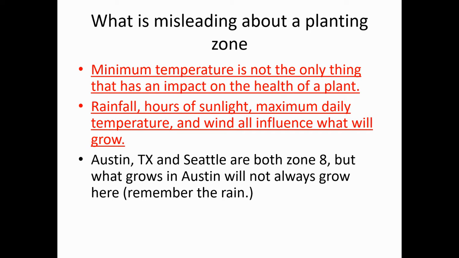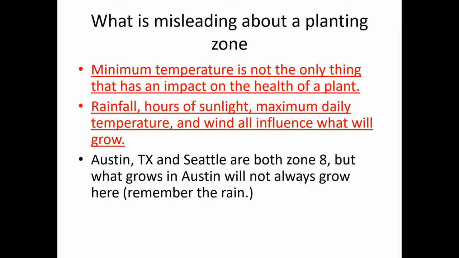But it's really important to understand that other things come into factor besides just hardiness zone. Hardiness zone refers to this plant will survive down to this minimum temperature. So a plant might say it can survive down to 20 degrees. And while that may mean that your plant will survive, it doesn't necessarily mean it's going to thrive.